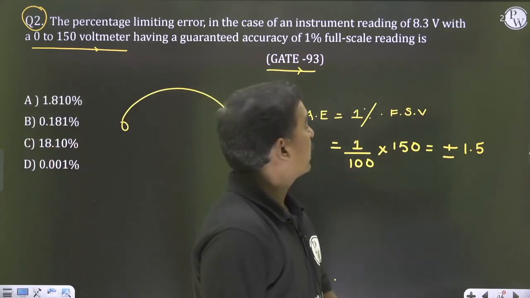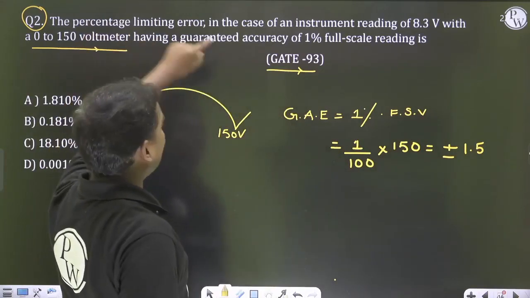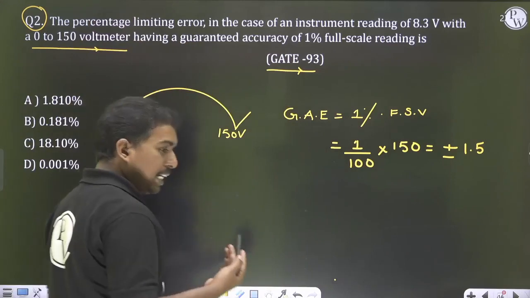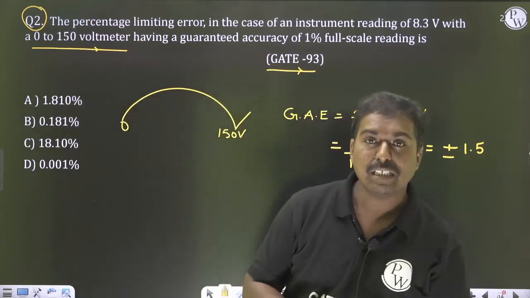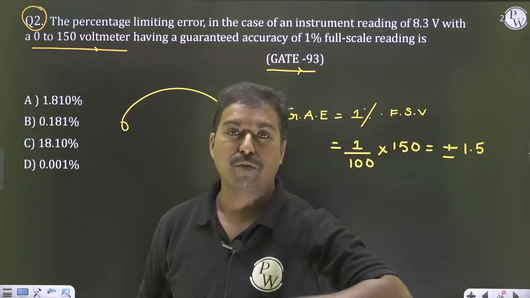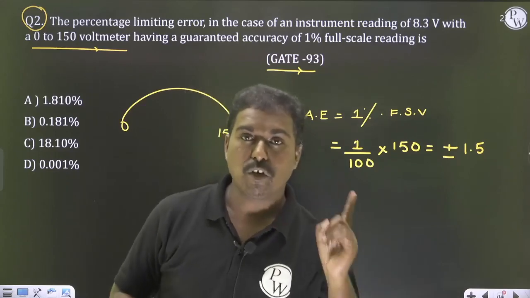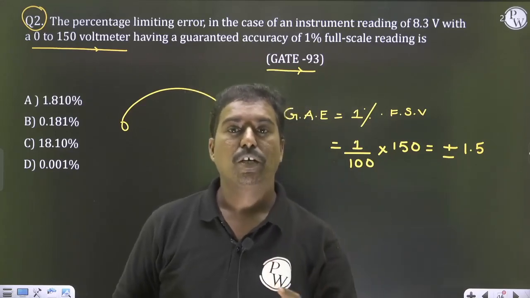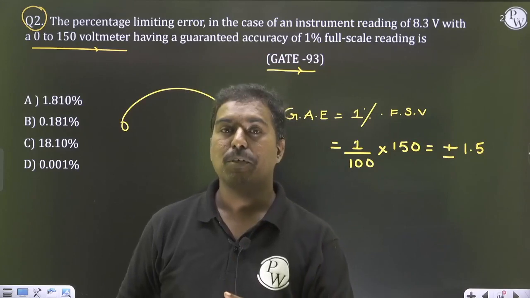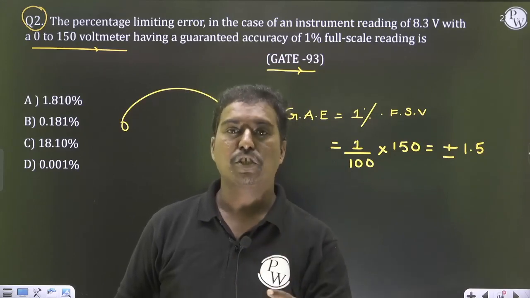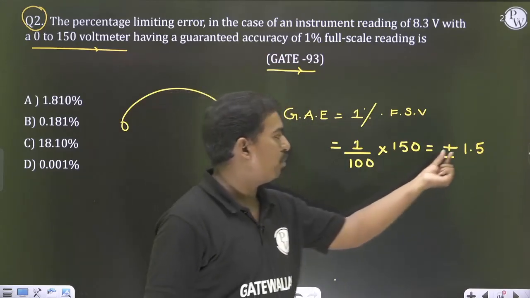The question asked here is the percentage limiting error. When you are measuring the full scale value, this particular instrument is going to have a guaranteed error of 1.5.